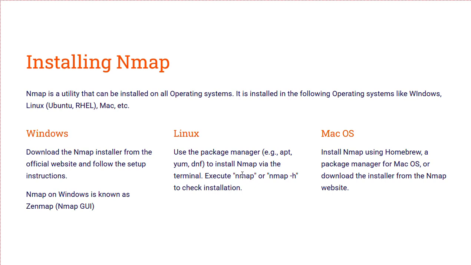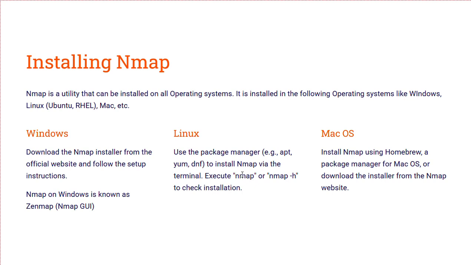You install it using Homebrew, that's a package manager for Mac operating systems, or you download the installer from the Nmap website. So that's it. You can check if Nmap is installed on your terminal, be it you're using Linux, you're using Mac, or you're running a virtual machine of a Linux operating system on Windows, or you're using WSL on Windows.